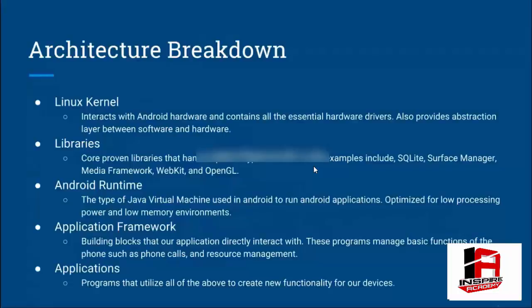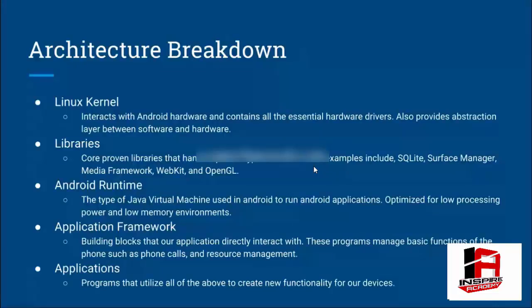Our Linux kernel interacts with the Android hardware and contains all the essential hardware drivers. It also provides an abstraction layer between software and hardware. So this is the very basis of Android, right? As it says, the kernel is kind of a nucleus. This is what everything else is built on.